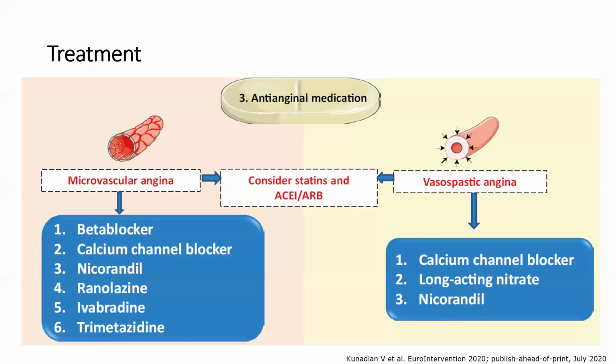I observe a group of about 40 patients whom I diagnosed with microvascular disease, and very often I have to add dihydropyridine calcium channel blockers to the beta blocker, and then it's effective.